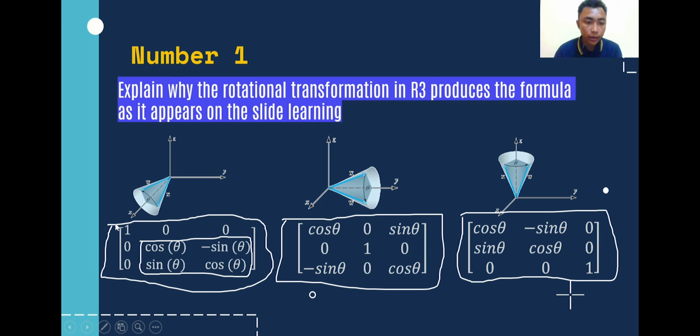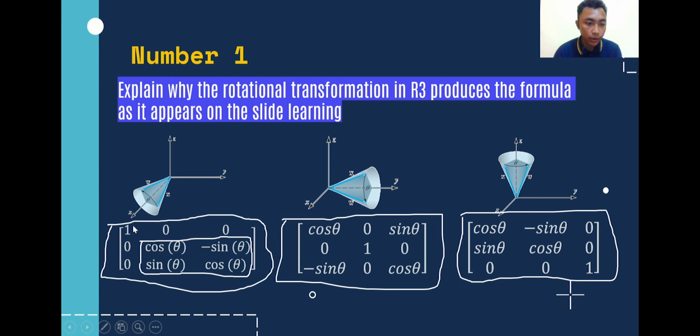And why is the formula like this? Because where the rotation happens, for example in x, we need to make the value of x not change. So if the value 1 is in a11, maybe we can call this a11, this A12, and so on.